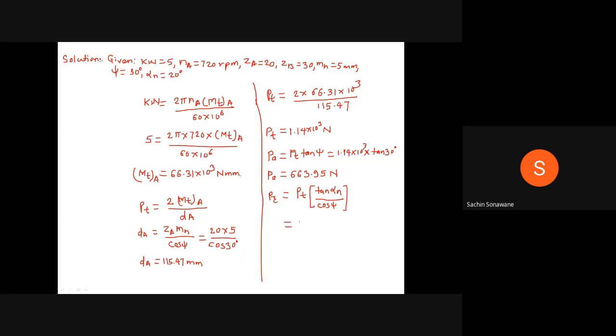Therefore substitute the values: 1.14 into 10 raised to 3 into bracket tan of alpha n, 20 degree, divided by cos of 30 degree.